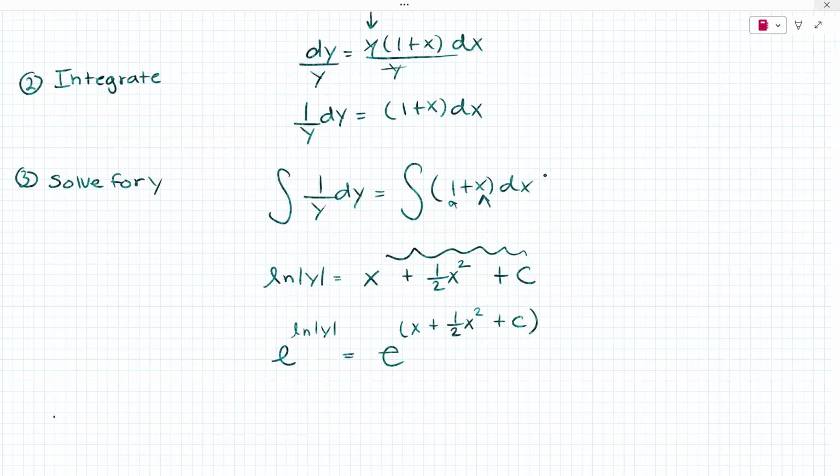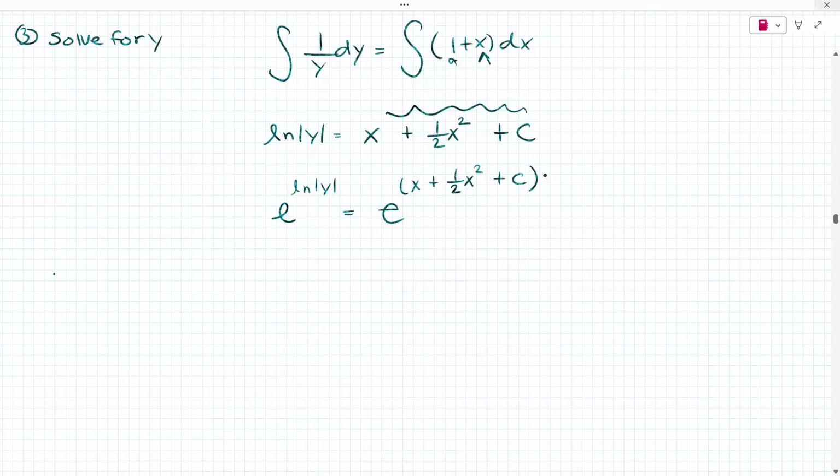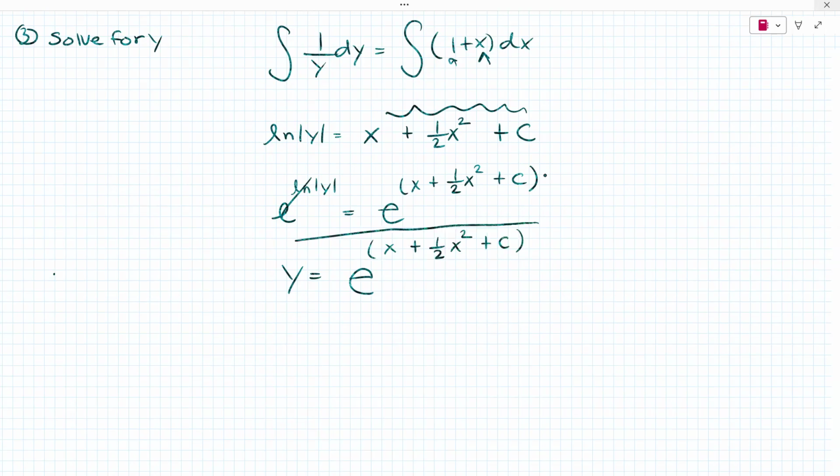And just clean it up. On the left, e and ln cancel, and we know the absolute value of y is positive, so you could just say positive y. And on the right, there's nothing more you can do. It's just e to the x plus 1/2 x squared plus c. That's it. There's your answer.